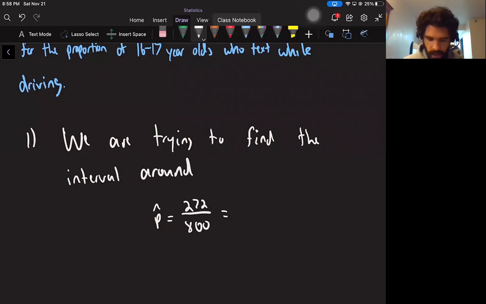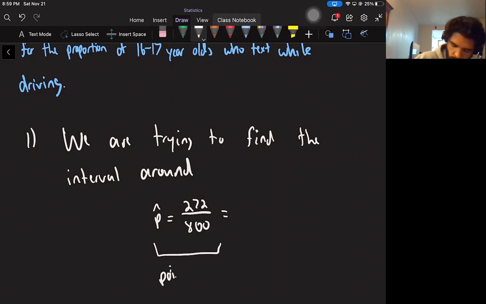Okay, so as I was saying, we're trying to find the interval around our sample proportion, but people always call this a point estimate. We named it that last time.